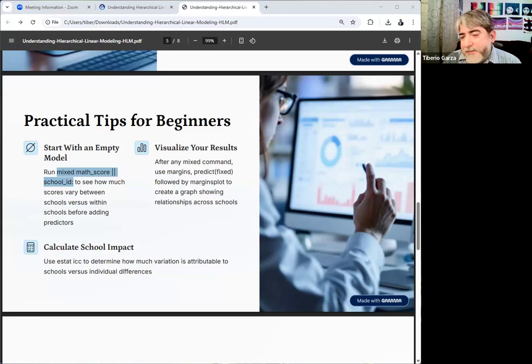It's helpful to see this empty model, or this first model, just to see what the results look like and some considerations. After that, you can do some visualization of that empty model using margins, adding a margins plot to see the visual aspect of that.